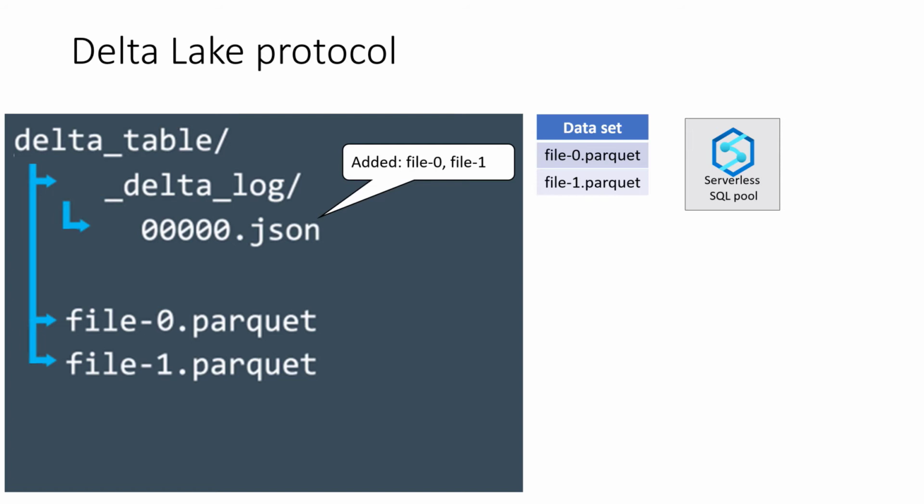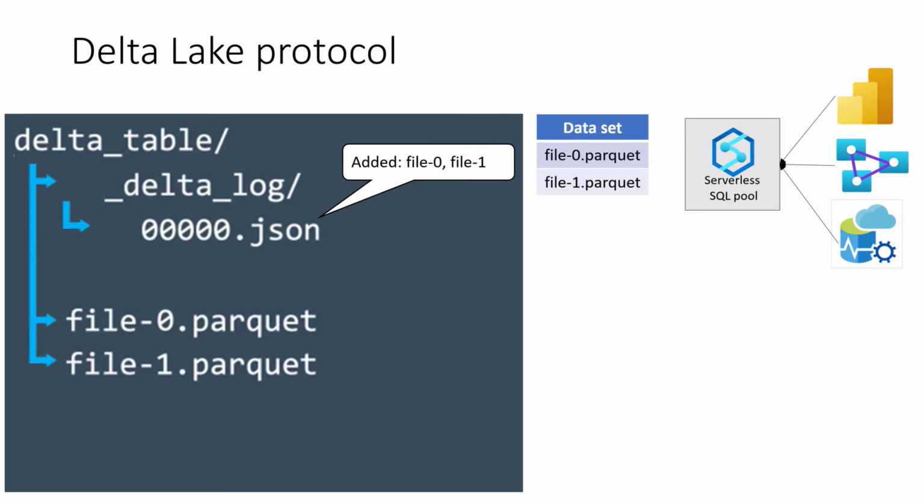Serverless SQL pool is able to read this Delta log folder and to parse this JSON file and to extract that file 0 and file 1 Parquet are valid files in this folder. So if we have some clients like Power BI, Analysis Service, or Azure Data Studio that would like to read data from Serverless SQL pool, they will send this OpenRowSet command to Serverless.